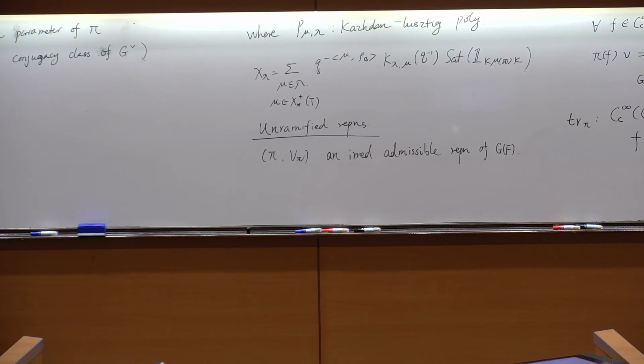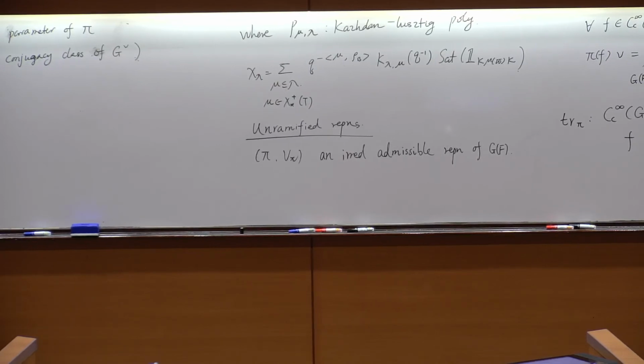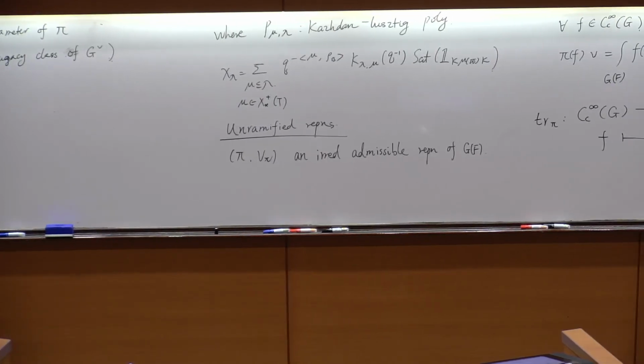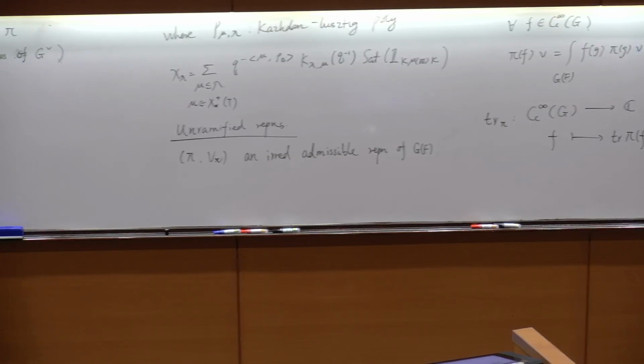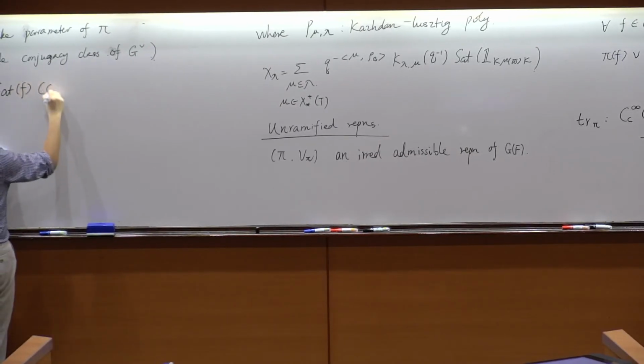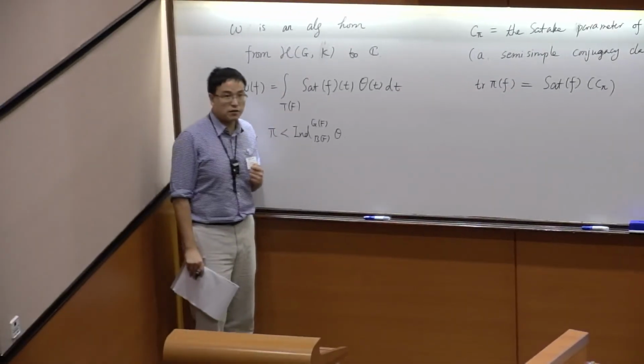The trace is equal to this omega f, and we calculate here, and this theta gives us the Satake parameter. This theta corresponds to the Satake parameters. So if we take the compositions, these are the values for the omega f, and in other words, it also gives the trace of the path.